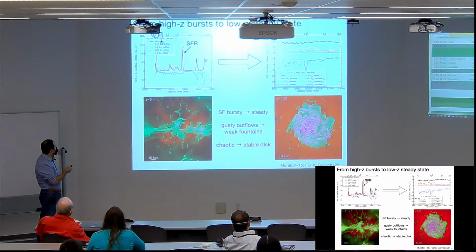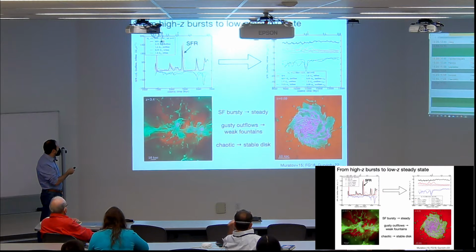And these bursts of star formation are typically followed by bursts of outflowing gas through the inner, and also the outer, CGM, traced by the dashed and dotted red curves here. And at these early times, the gas distribution looks like this, highly clumpy and also highly dynamic.